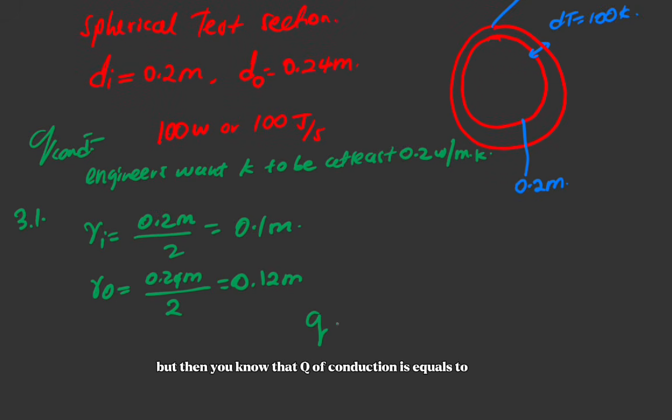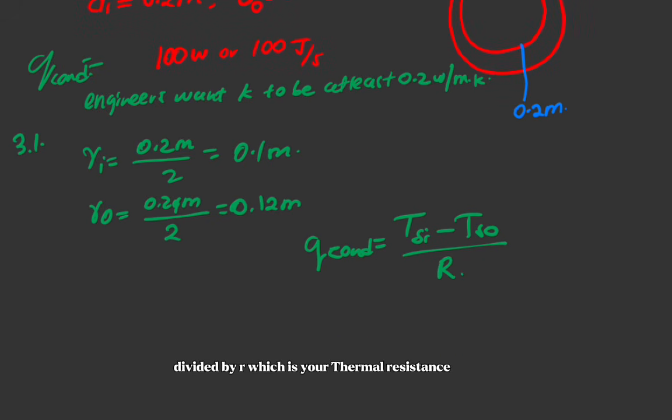But then you know that Q of conduction is equal to T of the surface inner minus T of the surface outer, divided by R, which is your thermal resistance. And then you know that your R is equal to TSI, T of the surface inner, minus T of the surface outer, divided by Q of conduction.